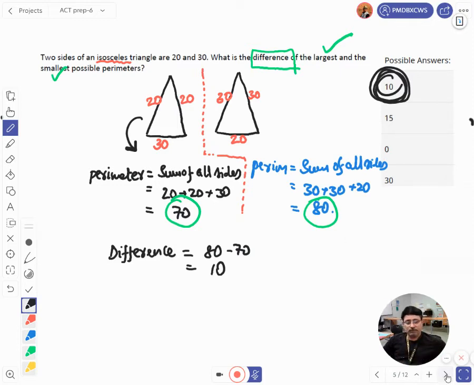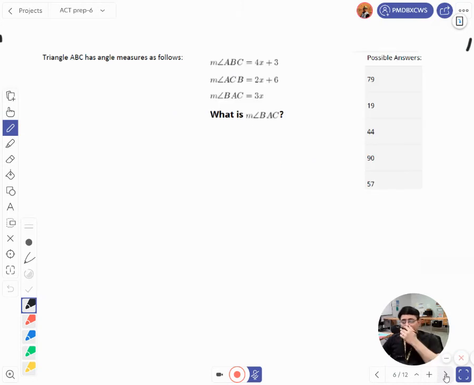Okay. Triangle ABC has angle measures as follows: measure of ABC is 4x plus 3, measure of ACB is 2x plus 6, measure of BAC is 3x. First of all, the angle measures are given.